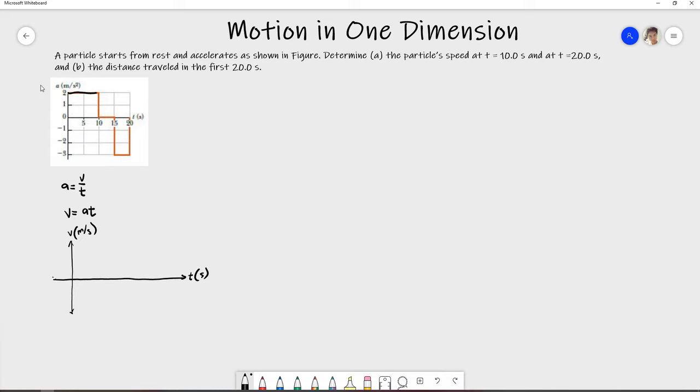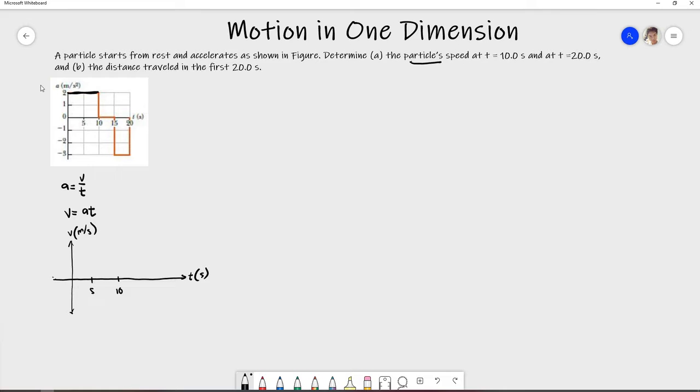Since the acceleration is constant, the particle's speed is constantly increasing. Say from 0 to 10 seconds, the particle's speed is constantly increasing.